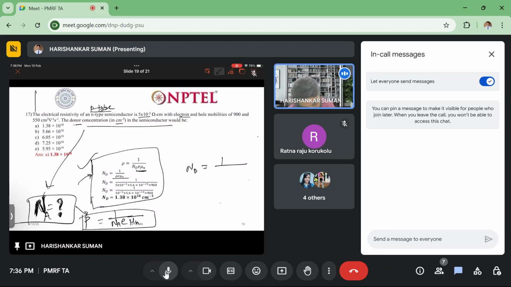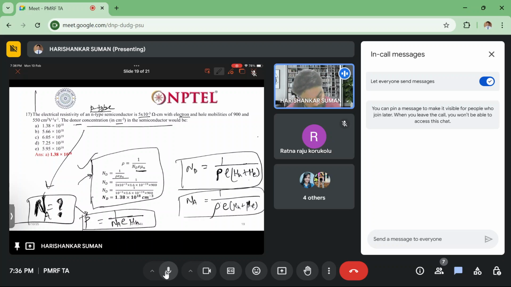You have to involve all: rho, e, mu h and mu e, for donor and for acceptor also, if the material is intrinsic, or a pure semiconductor.